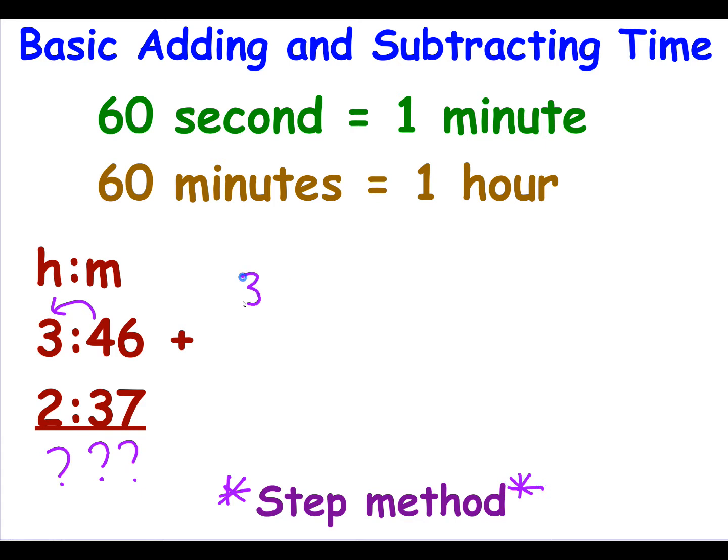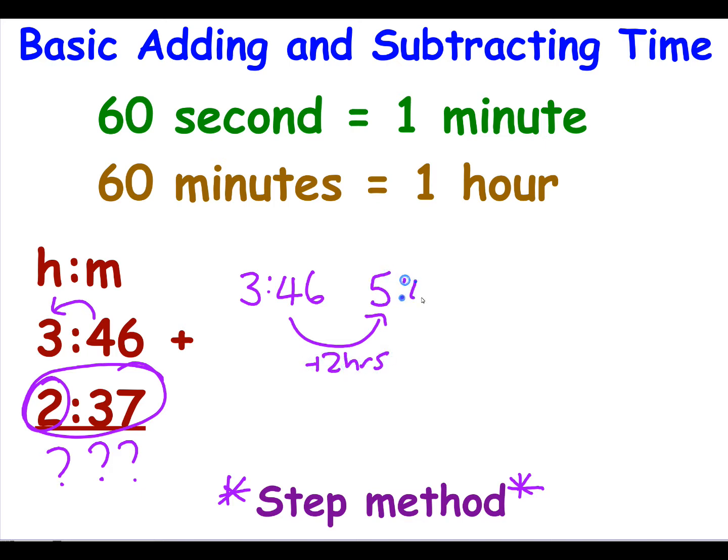So if we had 3 hours and 46 and we wanted to add 2 hours 37, you would break it down in individual steps to make the maths easy for yourself. So what we could do is start by adding the 2 hours. And that would give us 5 hours and 46 minutes.